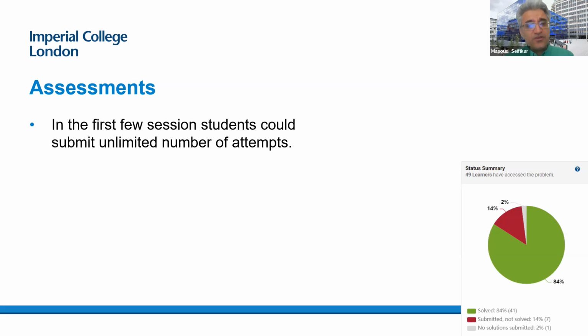For the assessment in the first few weeks, I didn't put any limitation on attempts. So a student could submit as many attempts as they wanted. For example, as you see here, for this exercise, 49 students attempted it. 84% solved it and 7 couldn't.